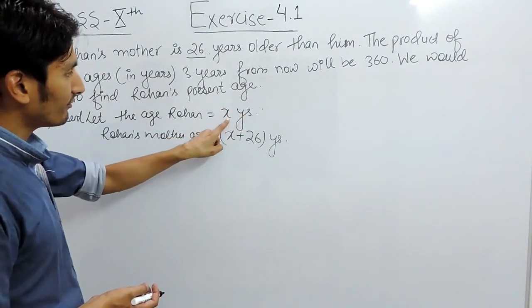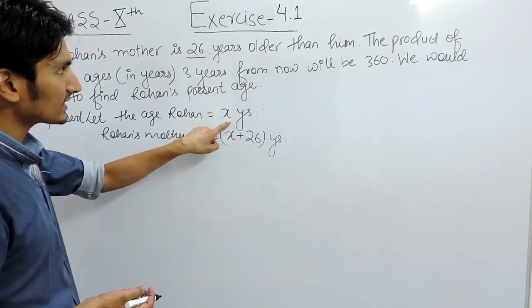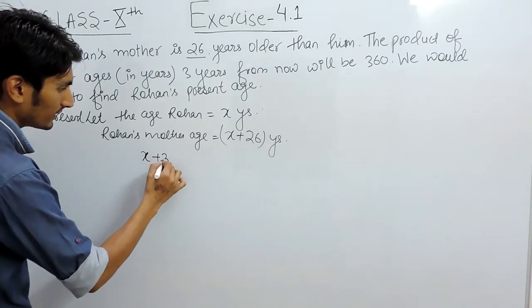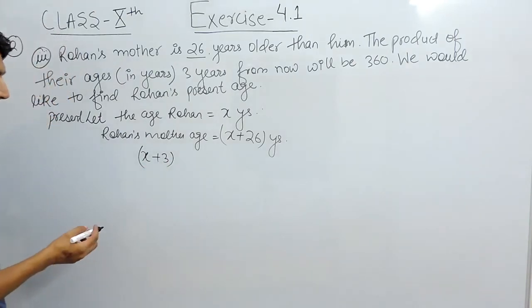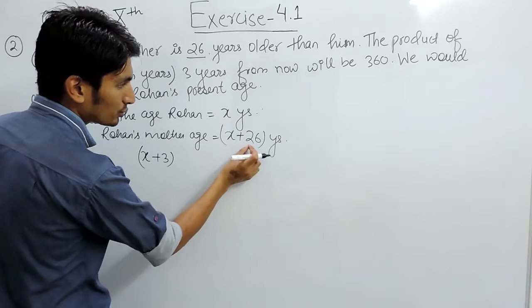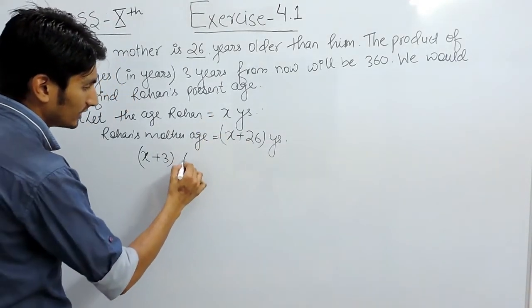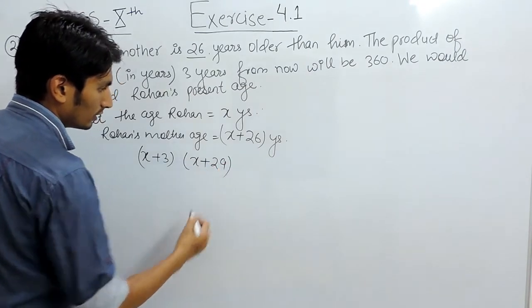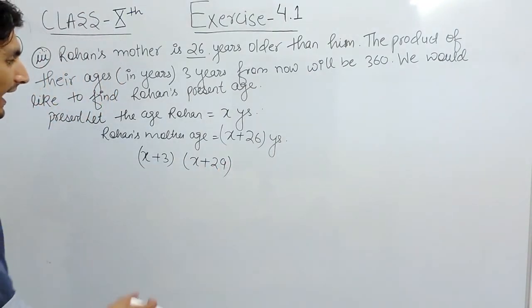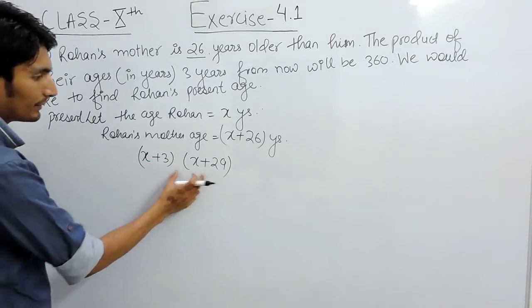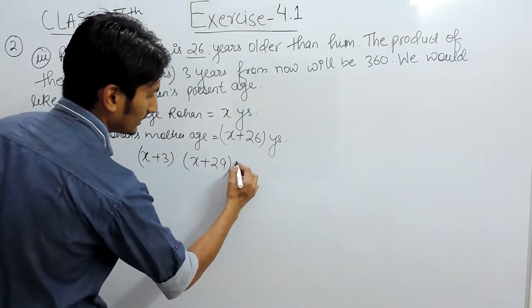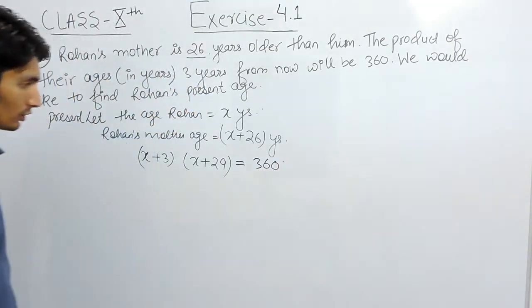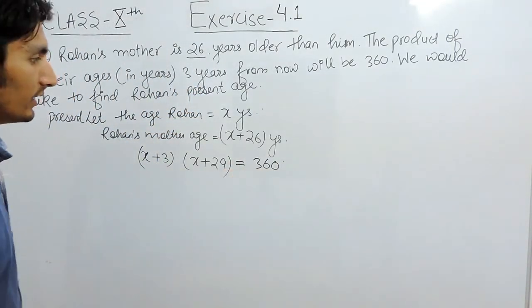So clearly if presently Rohan is x years, after 3 years Rohan's age will be x plus 3, and if Rohan's mother is x plus 26, after 3 years her age will be x plus 29, and according to the question their product is equal to 360. So this is our required equation.